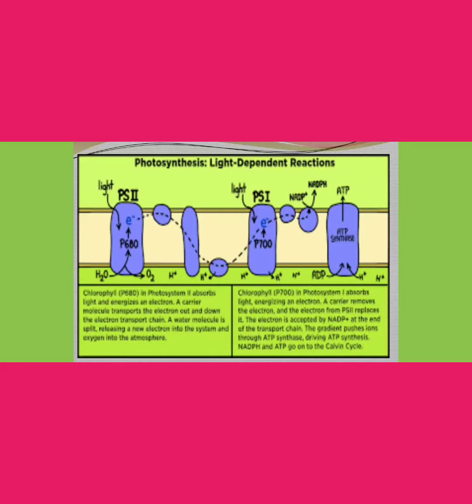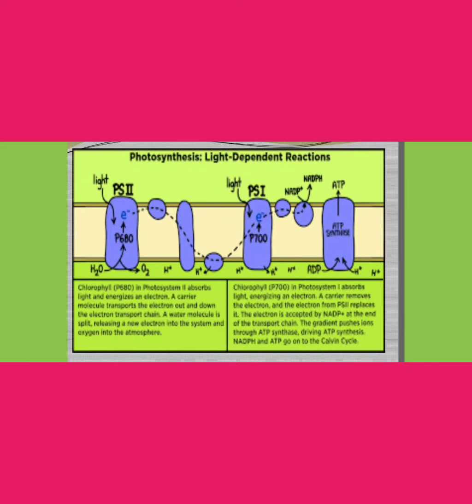And in order to take this electron donated by P680, the P700 should be ready by losing an electron. How does it lose an electron? By donating the electron through different electron carriers to NADP+. Thus, the electron deficiency in P700 is fulfilled by the electron donated by P680, and the electron deficiency in P680 is fulfilled by the electron donated by the water molecule.